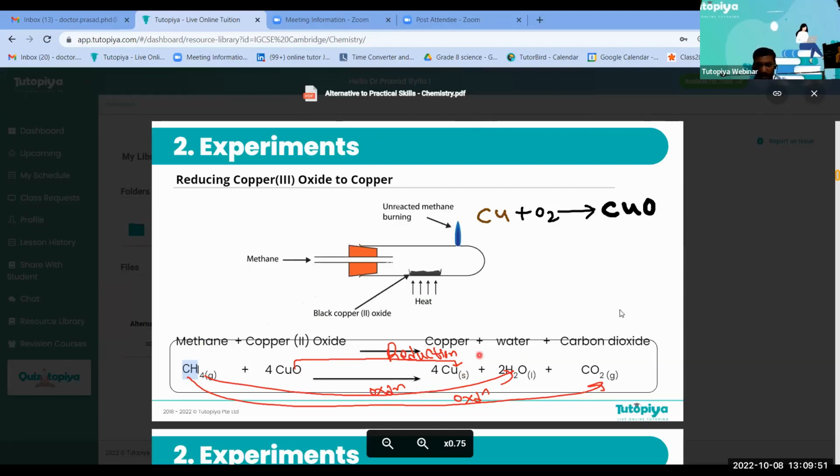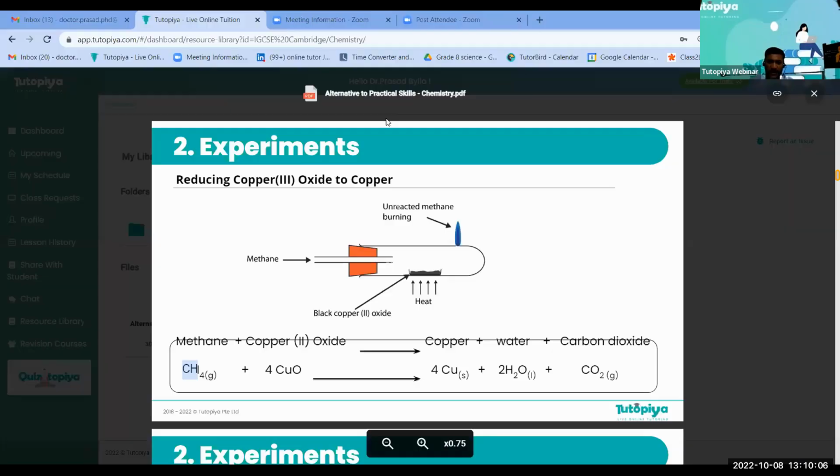Now I'll walk you through a real-time activity. But I'll just tell something. How do you know that the products are methane, water and carbon dioxide?